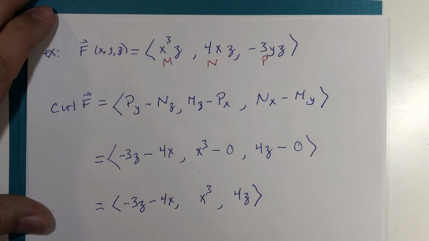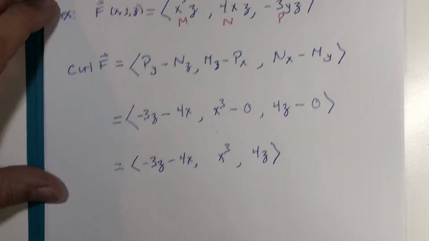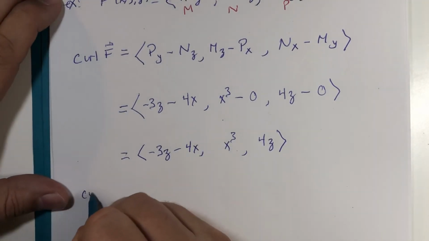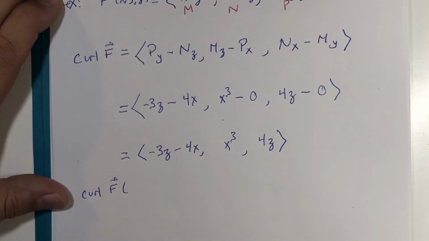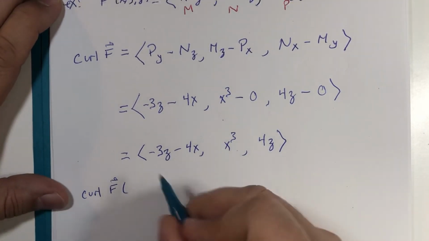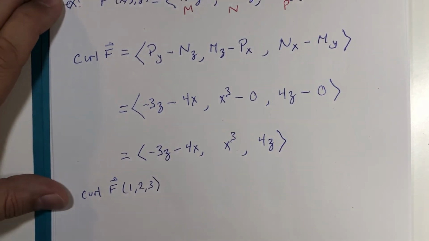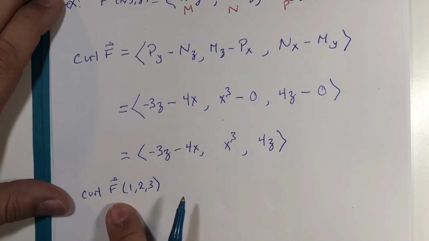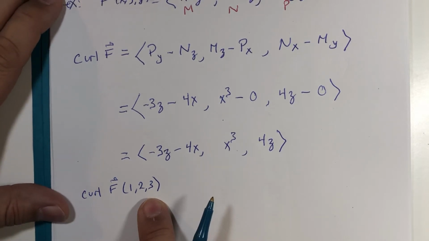Now, if we were given coordinates of a point, for example, we could find the curl of f at the coordinates 1, 2, 3. What we'd be doing is trying to find out something related to, at this point in space, a value that describes its rotation, more or less.